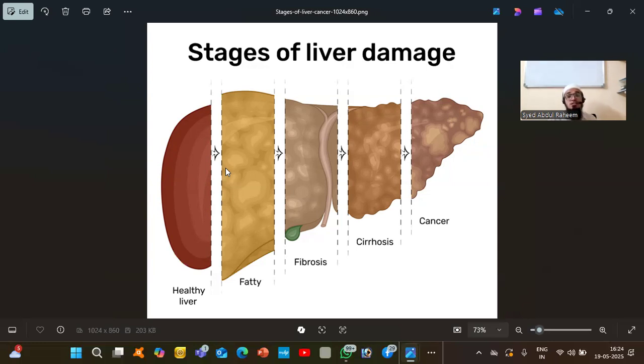Increased fat content in the liver parenchyma is the reason we call it fatty liver. In fatty liver we have grade 1, grade 2, and grade 3, depending on the severity. So the patient has to reduce the intake of cholesterol, fat, and oily substances, which lead to an increase in fatty liver.